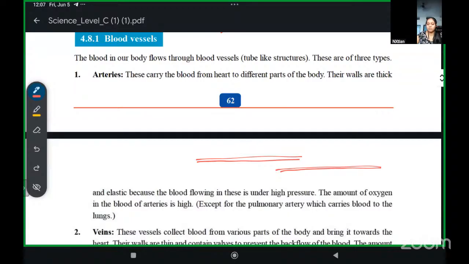Because if it was a whole chunk, it would settle at the bottom when we stand up. But it doesn't work like that. In those tubes the blood flows inside us. These tubes inside us in which blood flows are called blood vessels.